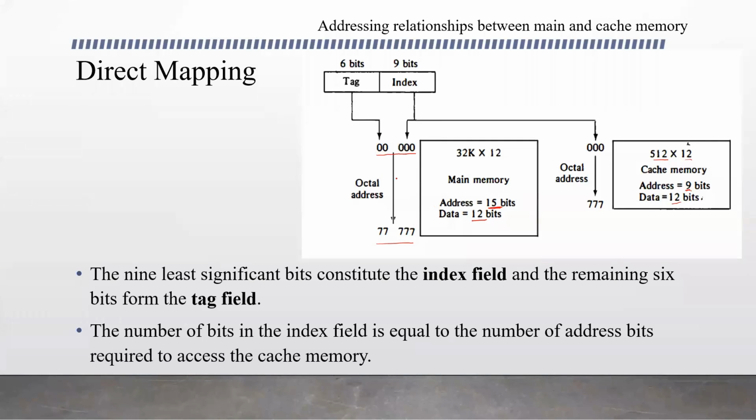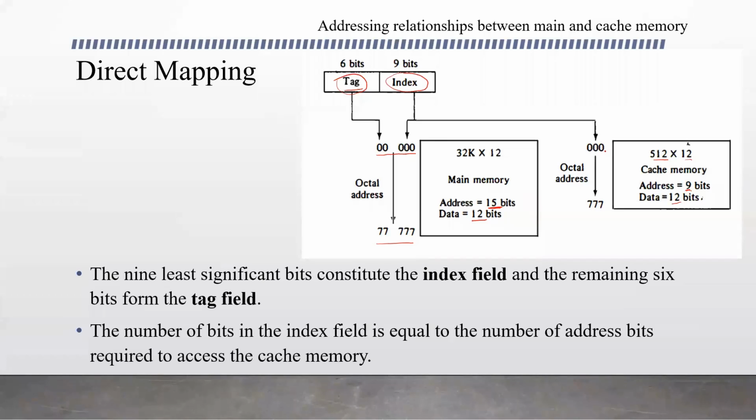In direct mapping, the 15 bits of this address are divided into two fields: the index field and the tag field. The most significant 6 bits are used as the tag field and the least significant 9 bits are used as the index field. The index is used as an address to refer to the words in cache memory.